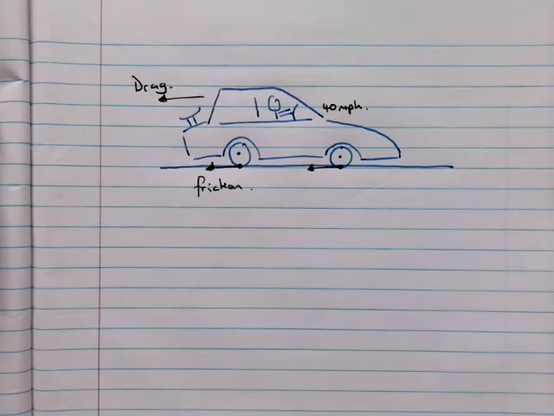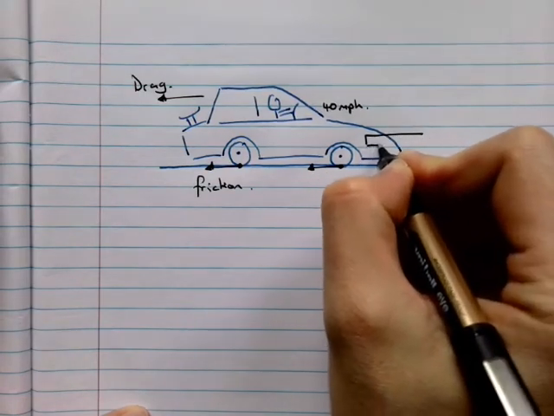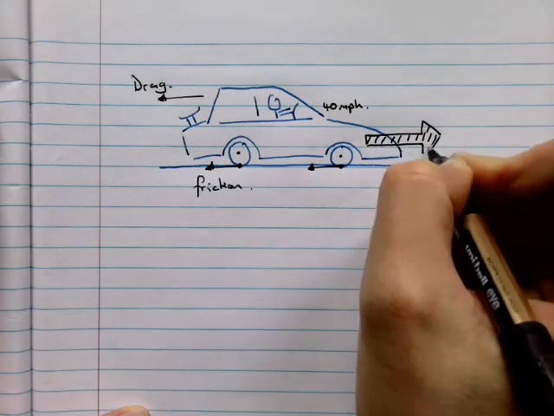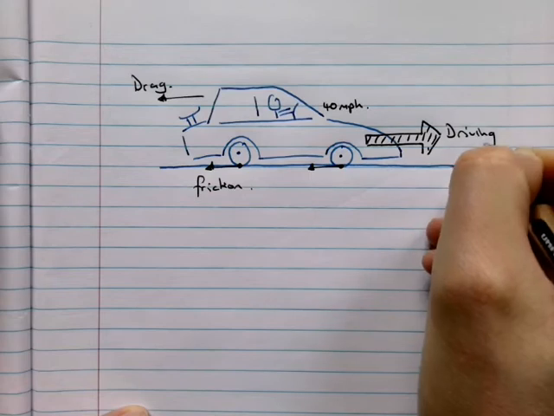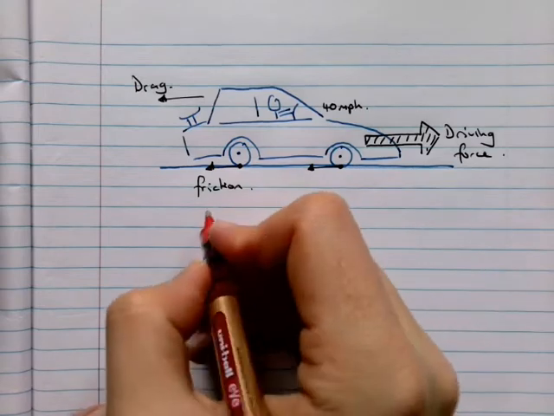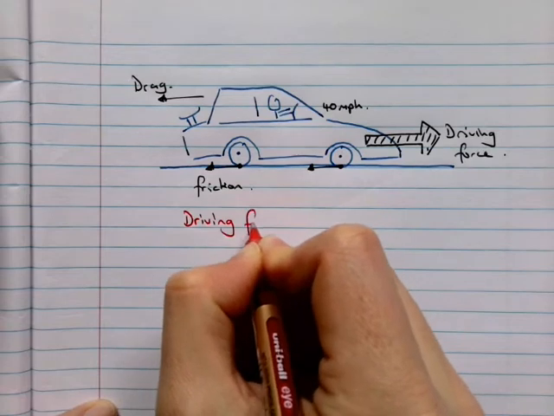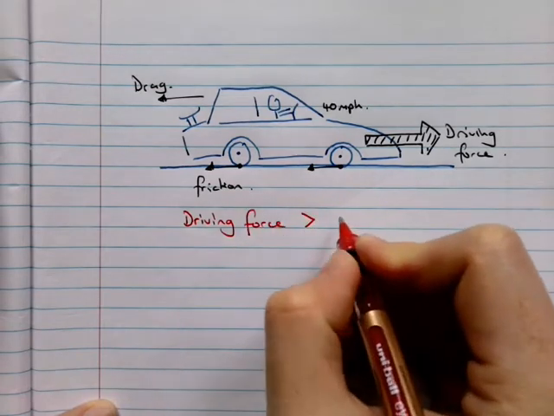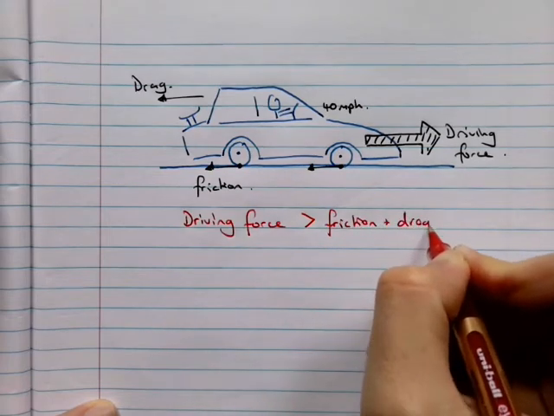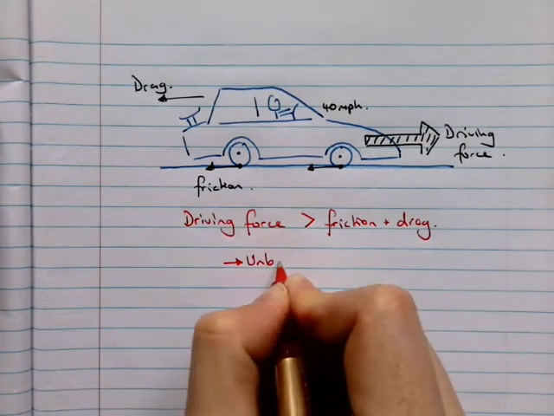But I've put my foot all the way down on the accelerator, and what that means is I've got a really big driving force. We can say here that the driving force is greater than the friction plus the drag. So now we're in a situation where we have unbalanced forces.